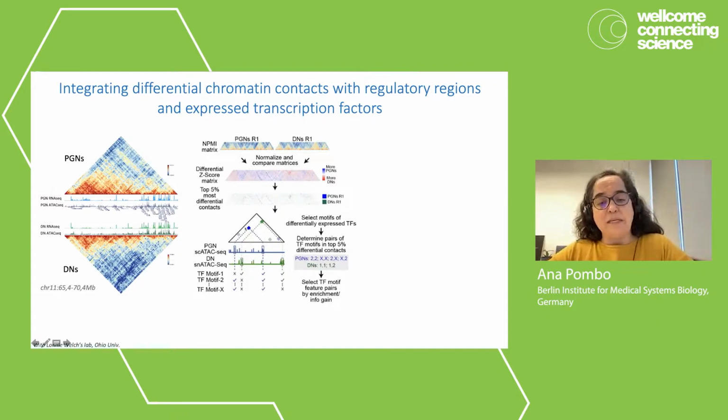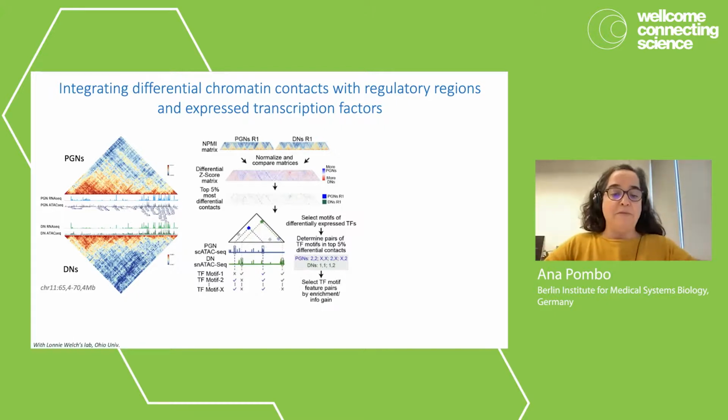To do this, we integrated the differential contacts in the PGNs and the DNs, in blue and green, with ATAC-seq regions that were extracted for the same cell types from available data or from data that we produced in the lab, to then ask: can we find within these contacts ATAC-seq peaks for transcription factors that are potentially driving these cell type specific contacts?